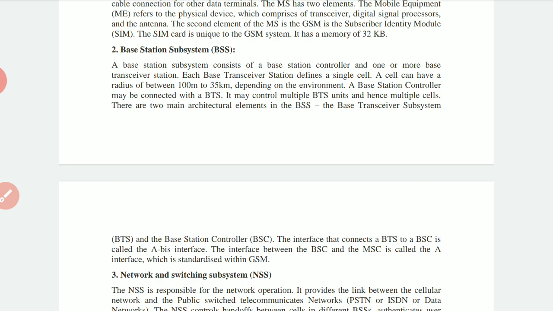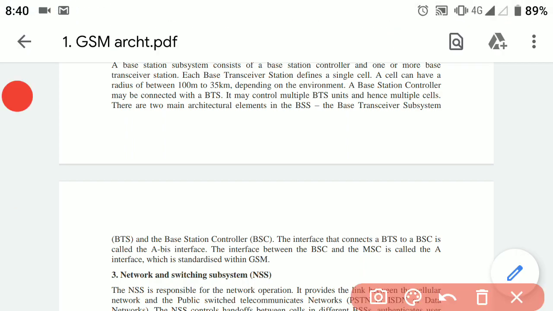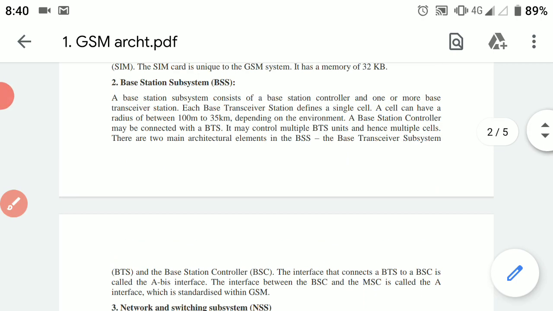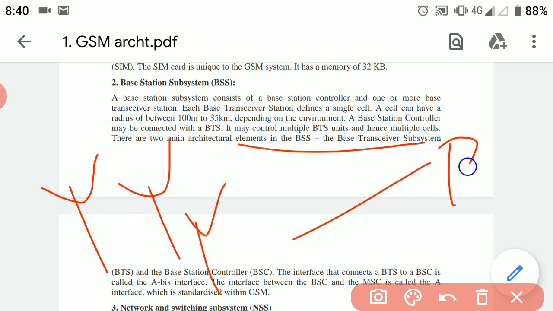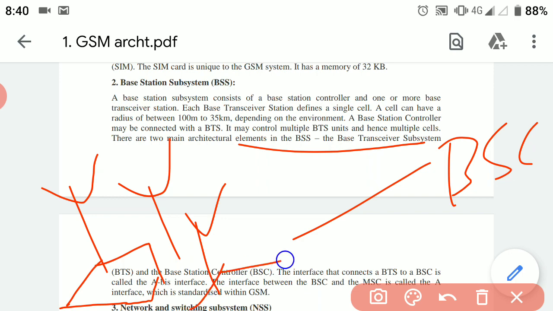We have just discussed that each BTS is controlled by one BSC, and this BTS is allocated in different cells.